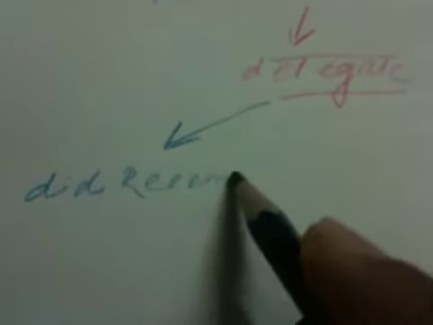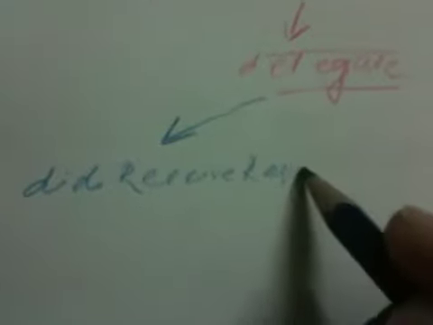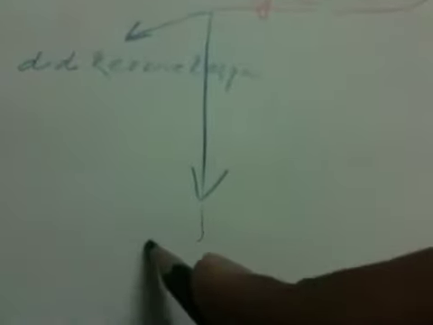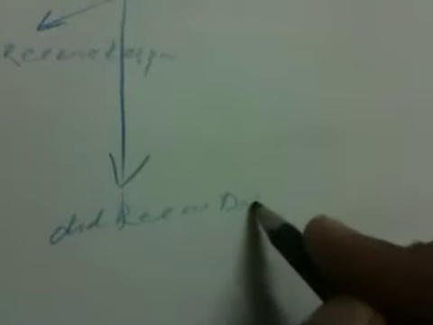So what is the minimum criteria for a delegate class? To be a delegate, that particular class must implement four methods. The first method is didReceiveResponse. I'll go through each of them in a little bit more detail. After that we have didReceiveData.